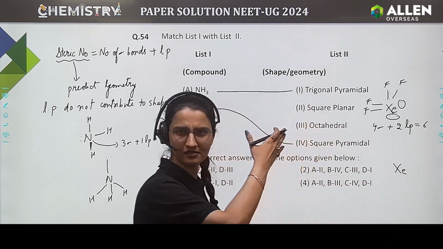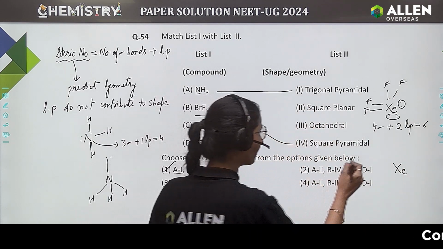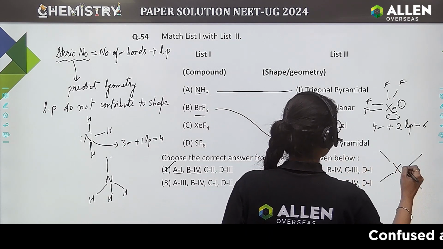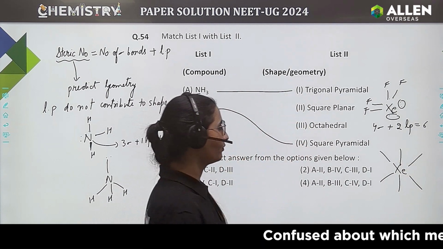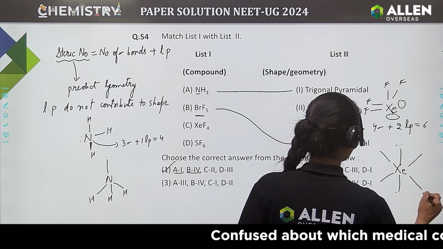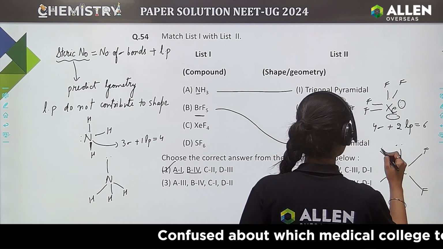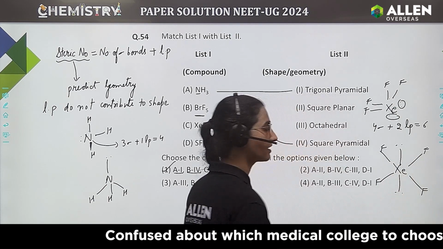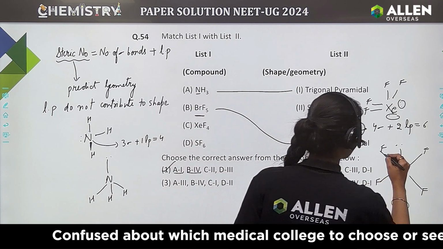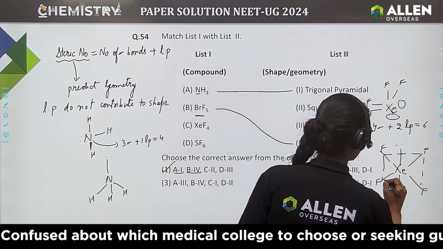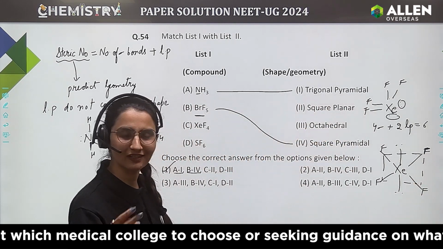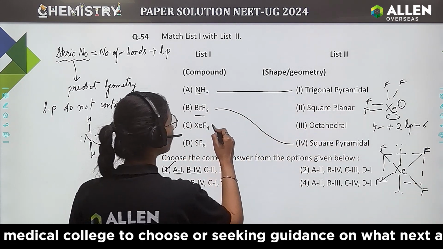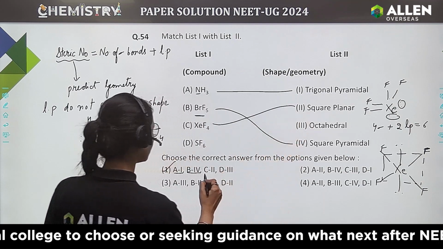Same as previous. It is square bipyramidal. But students, we have 2 lone pairs. Put 2 lone pairs here. So check, what is the shape I am getting? This is what shape, students? It is square planar shape. So this one is square planar. See matching? Yes, matching.